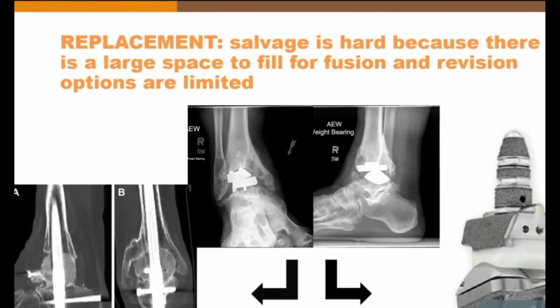This is a sagittal and coronal shot of a CT scan showing a tibio-talocalcaneal nail. And in the middle, this round substance is an allograft femoral head, so donated cadaveric femoral head that's taking up the large space that's left when you remove the metal and plastic from the ankle replacement.